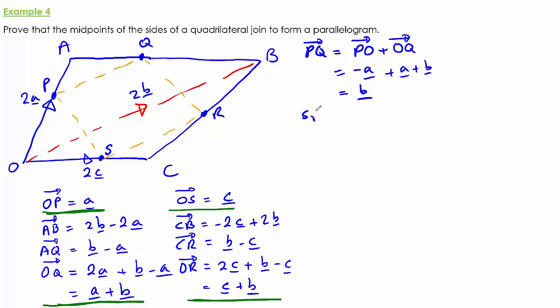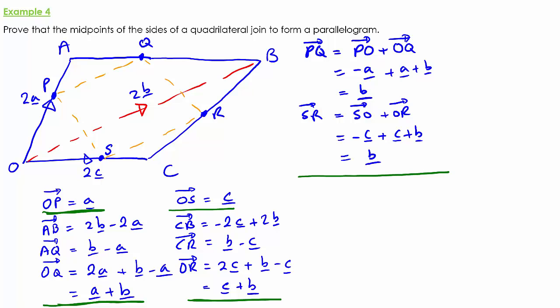Let's think about SR. So SR would be going from S to O and then from O to R. Well, SO would be minus C, and then we're going to add C plus B. So that one is just B. And from there, we can see PQ is equal to SR, which is what we'd expect in a parallelogram.